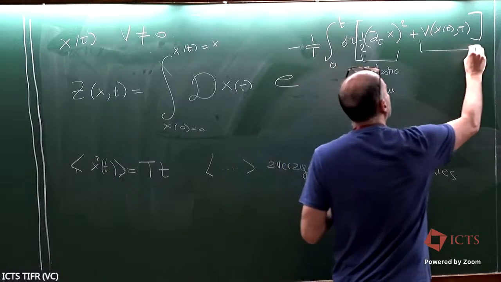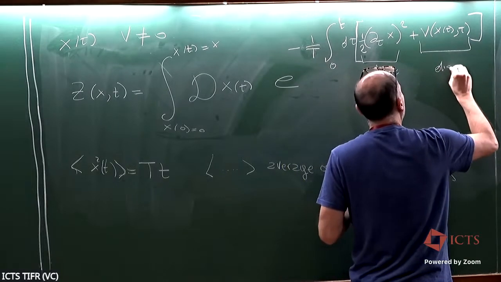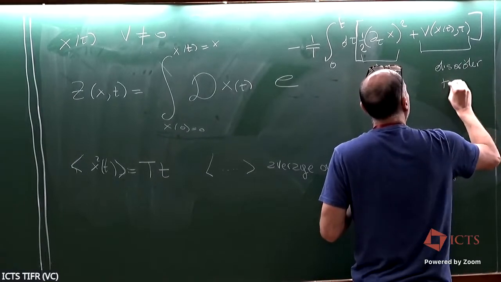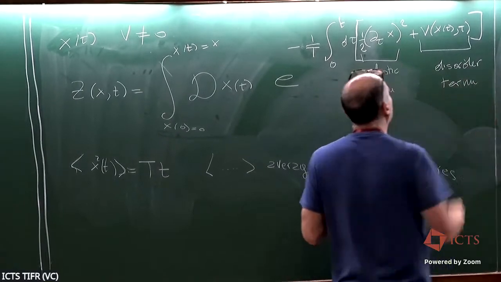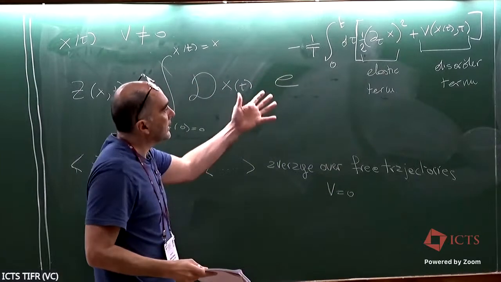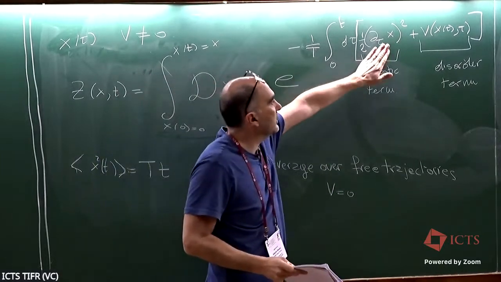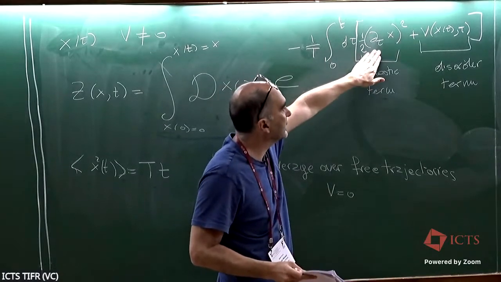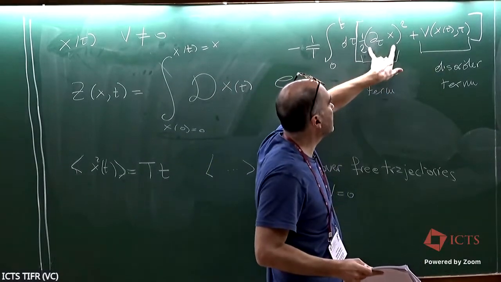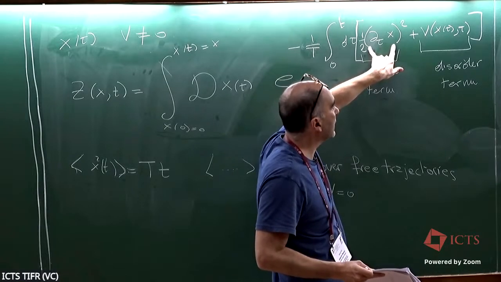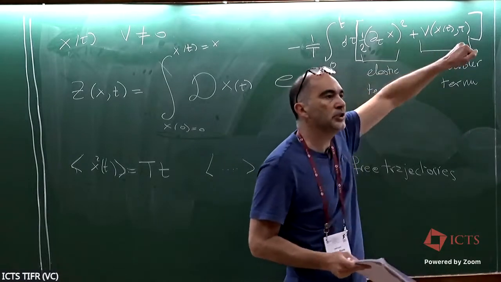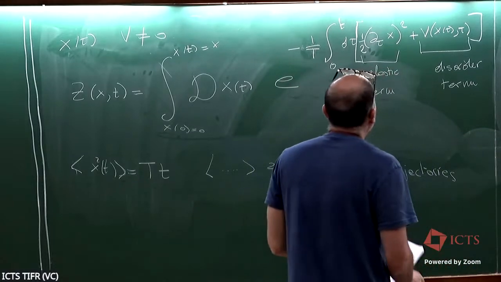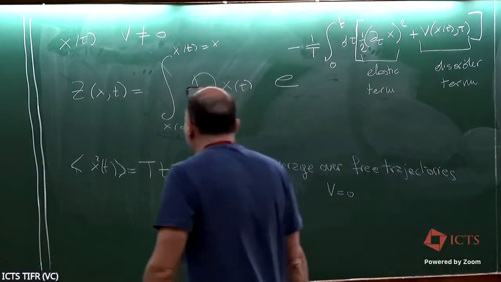And this is the disordered term. And you have a competition between the elasticity that would like to have the polymer flat, so to minimize this term you want the x of t not to fluctuate, and this one, which is the disorder, which is fluctuating.